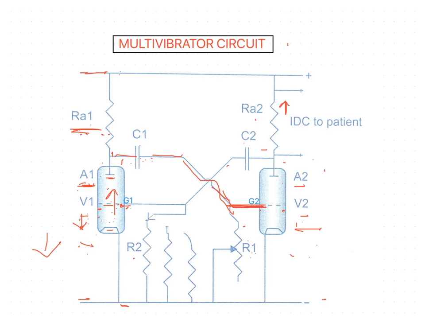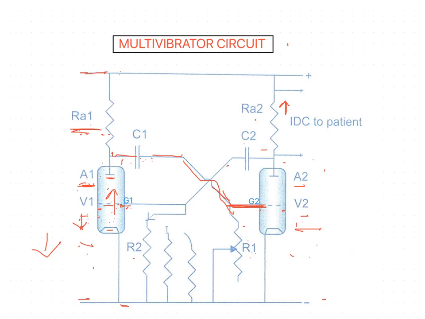The time that elapses before this occurs depends on the duration of the condenser discharge, which is determined by the product of the capacity of C2 and the ohmic resistance R2, that is C2 into R2. When V1 begins to transmit current, the switching action is again brought into play, but acting in the reverse direction. Then V2 is going to cut off and V1 is going to transmit fully.